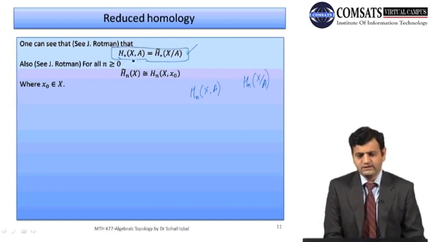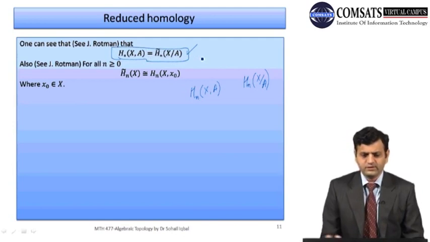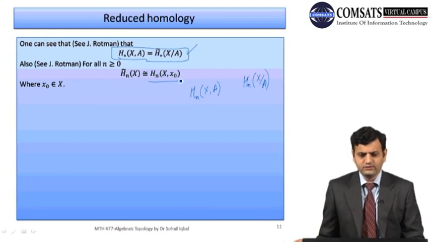In other words, the relative homology of X with respect to A is basically the reduced homology of the quotient space. Which is a very important result. And the next thing was that the reduced homology is basically H n of X, x naught, the relative homology of X with respect to some point. Okay, so a point is also a subspace of X. So this is the reduced homology.